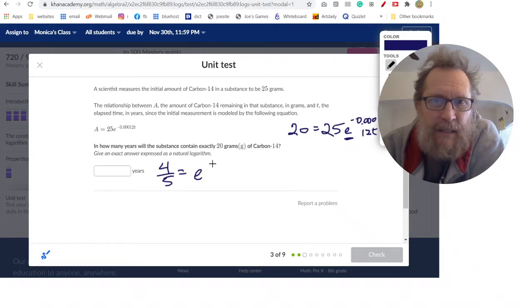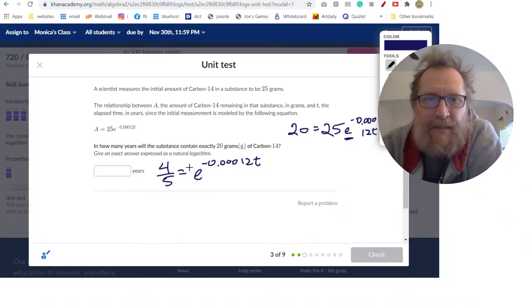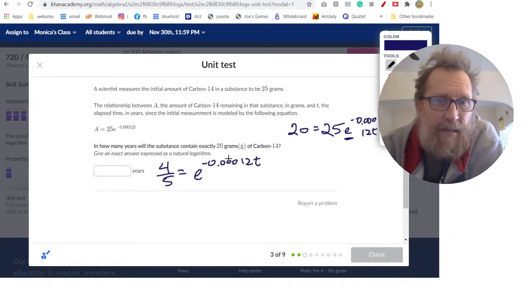Equals e to the negative 0.00012t. Now, if I write that as an exponent in logarithmic form, the base stays the same, and the log is the exponent.